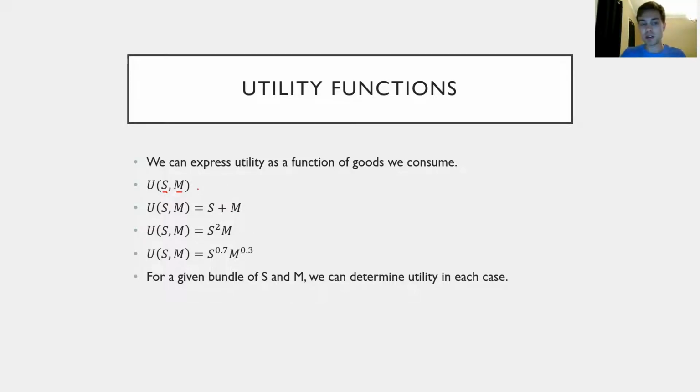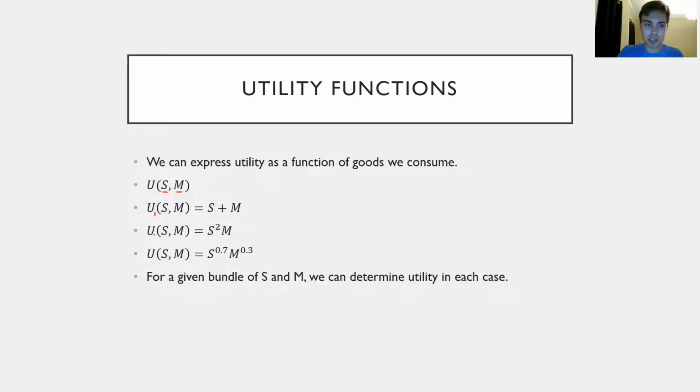But essentially, we're going to write a mathematical expression that will determine how much utility this person gets for a certain bundle of Skittles and M&Ms, right? And so we can maybe think about utility function 1 here. And so that says that their utility is equal to the number of Skittles they get plus the number of M&Ms they get.